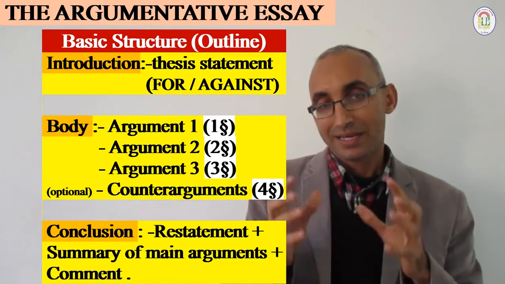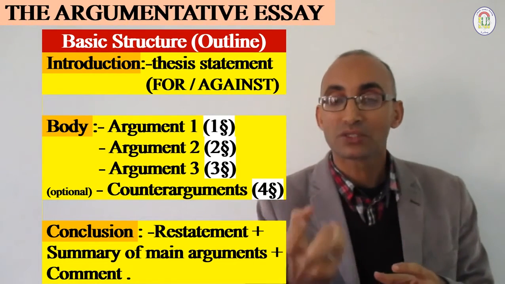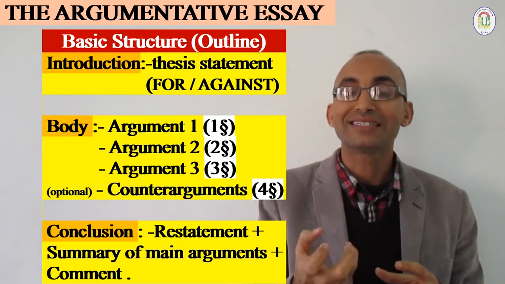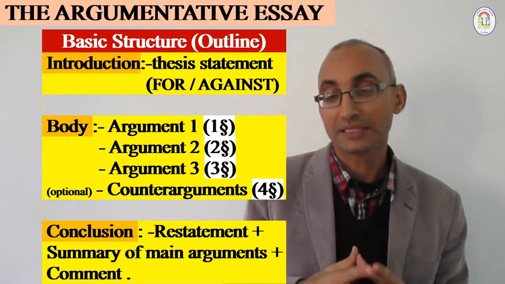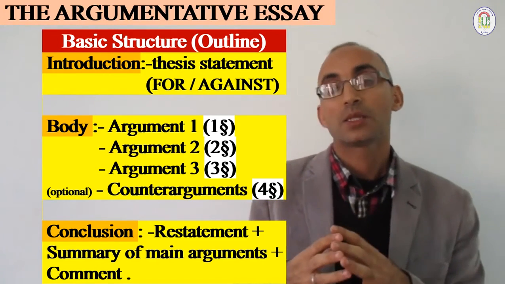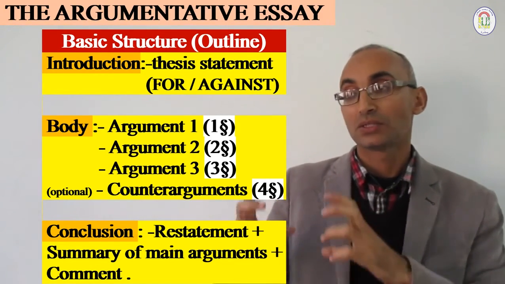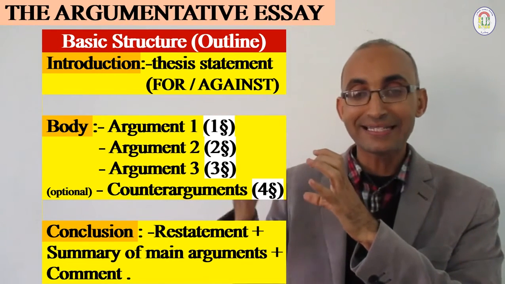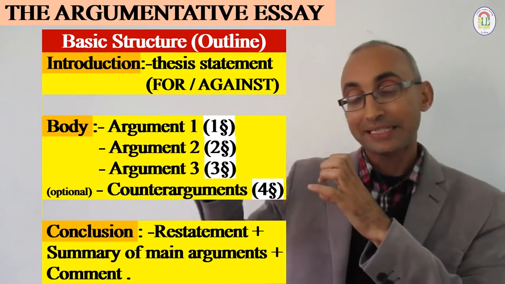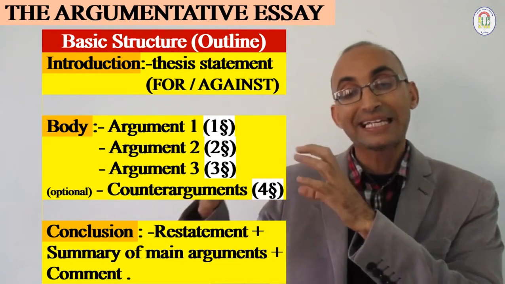But I consider this one as the basic structure of the argumentative essay or persuasive essay. Clear? I have here in this basic structure my introduction, and inside it at the end I have my thesis statement that I am against.